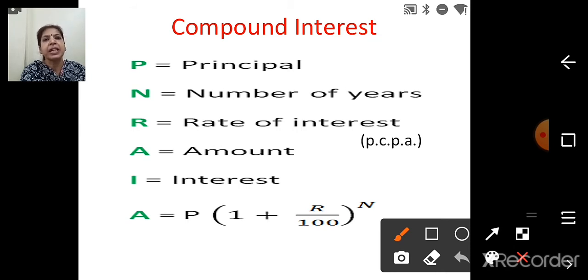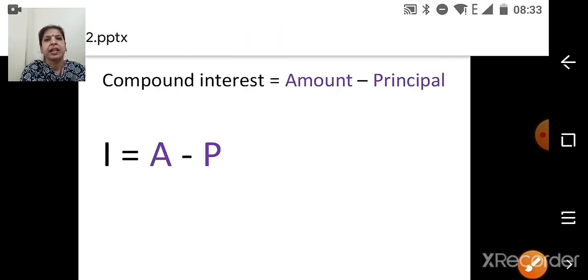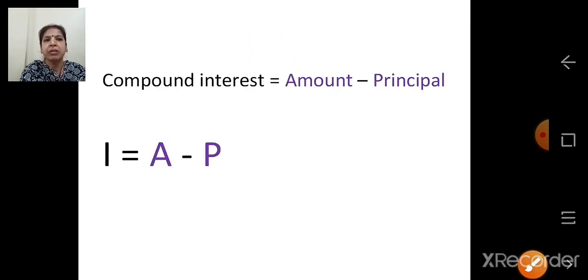Always keep in mind it is percent per annum, percent per year. A is the amount, I is the interest. It is a very important formula, children. You have to learn it by heart. Once we get the amount, we subtract the principal from it, that is I is equal to A minus P. So you have to remember this formula.